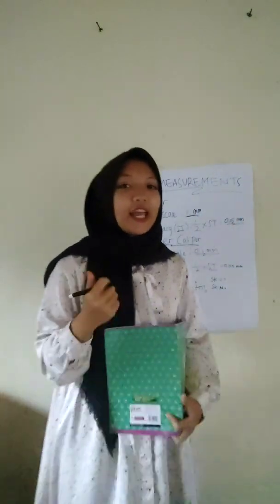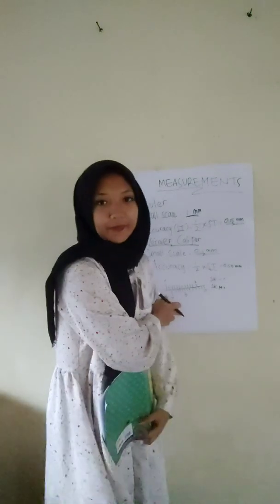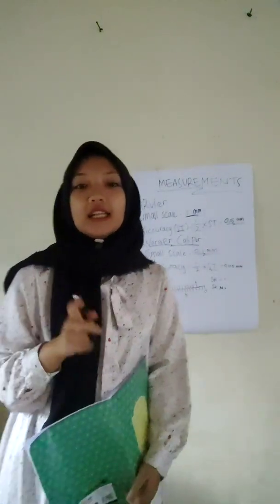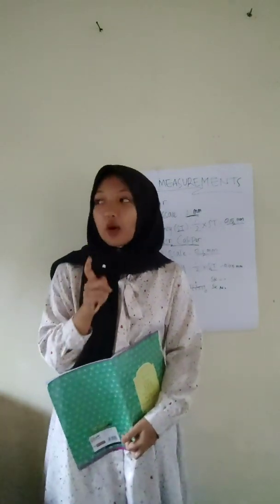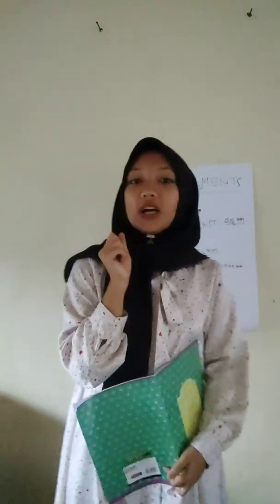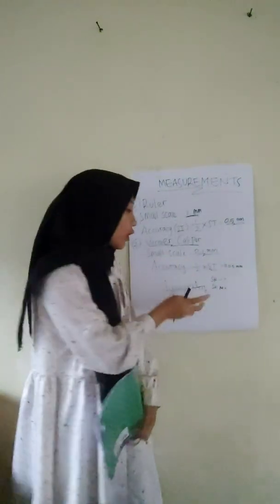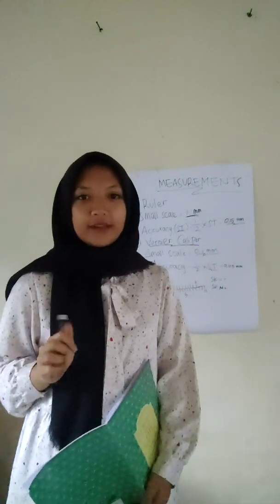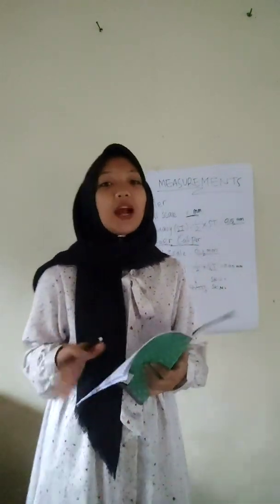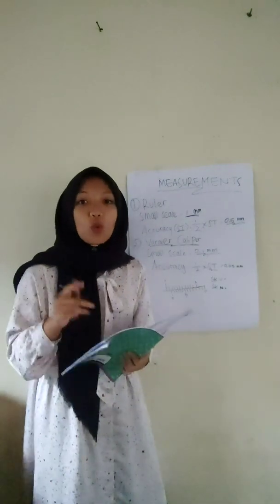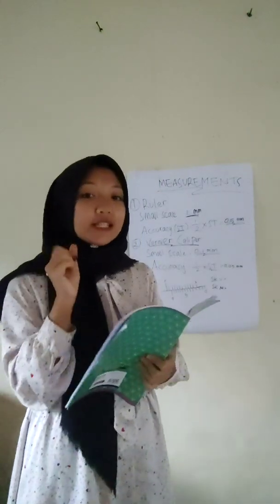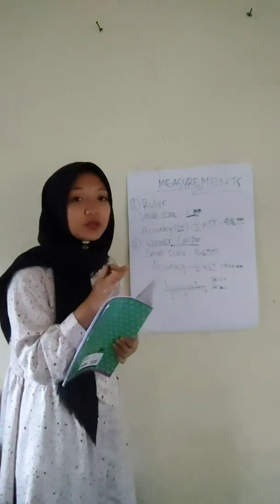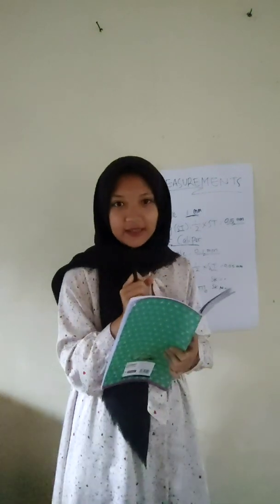Okay, students, if you look at this caliper, it has two scales. The upper one is the main scale, and the lower one is the sliding scale, commonly called the nonius scale. The bottom one can be shifted so that the measurement will be better.